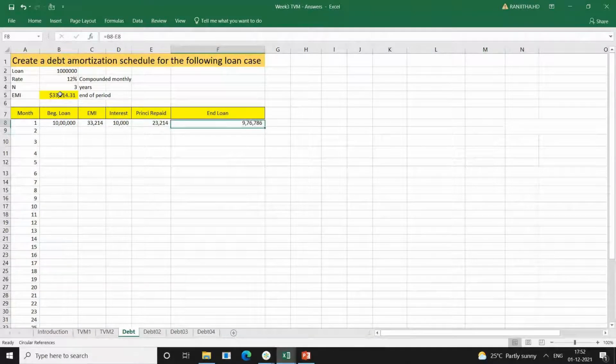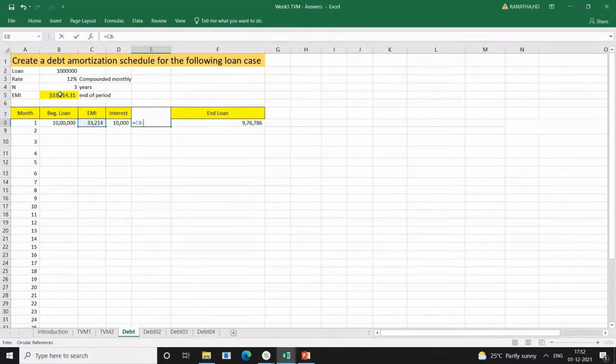That end loan will become the beginning loan now. So you select this, enter. In the same manner, this will be repeated.